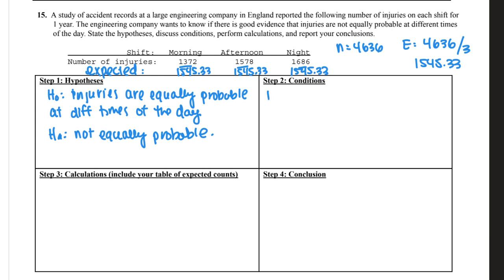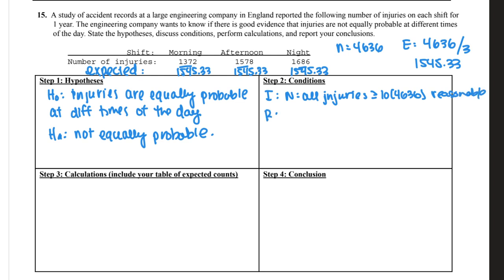All right, so now I can do my conditions. Starting with my independent condition, big N would be all the injuries. It's greater than or equal to 10 times 4636. Since this is a large engineering company, there's probably been more than that many accidents at the company over all time. So yes, this is reasonable.